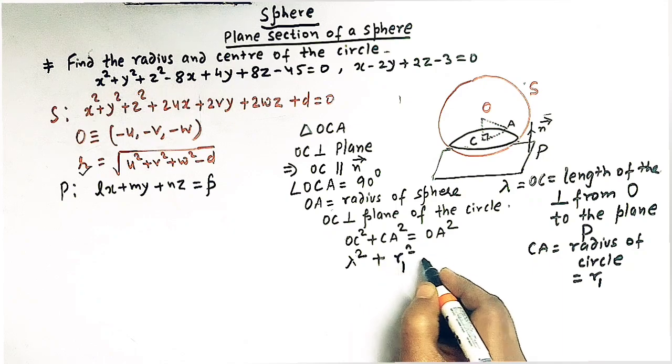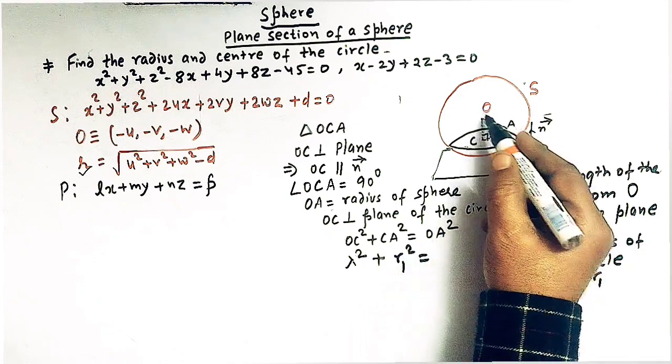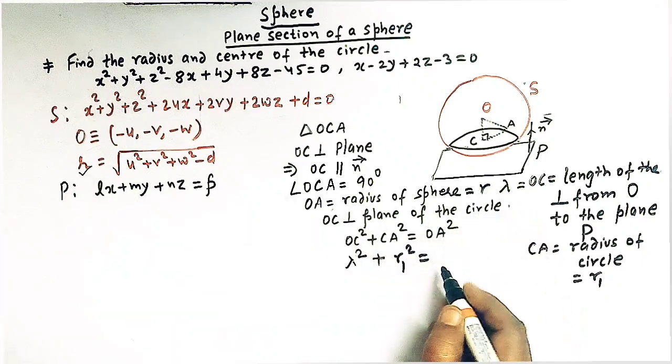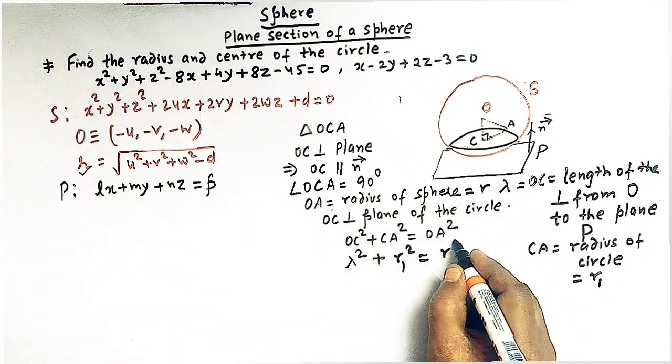So we have R1 square, and OA is the radius of the sphere, that is R, so we have R square.